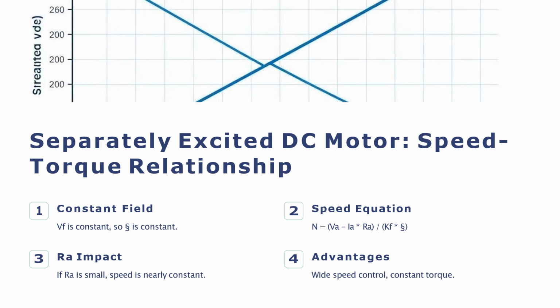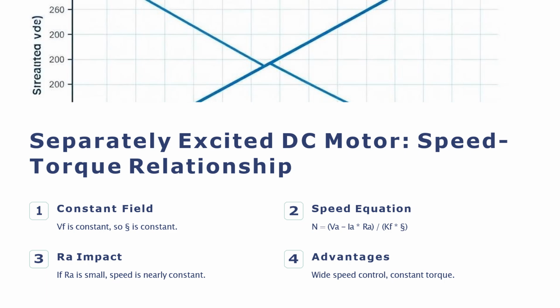The speed equation, as we all know, is given by N is equal to (Va minus Ia Ra) divided by Kf phi. So what is the impact of armature resistance Ra? If the armature resistance Ra is small, the speed remains nearly constant even under varying load conditions. This is a significant advantage in applications requiring precise speed control.